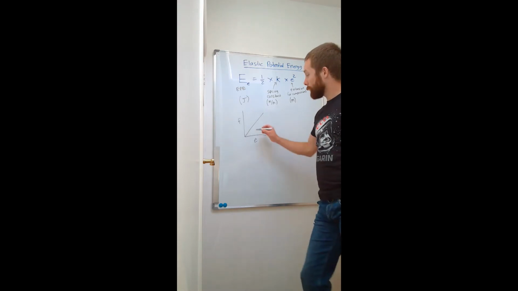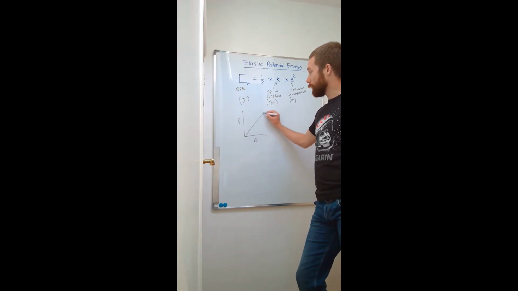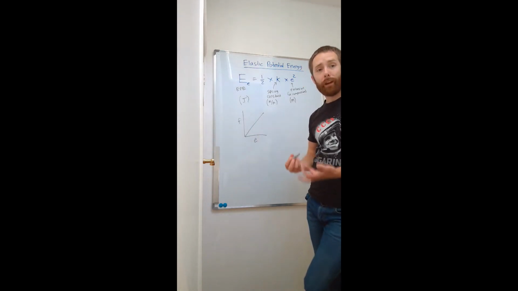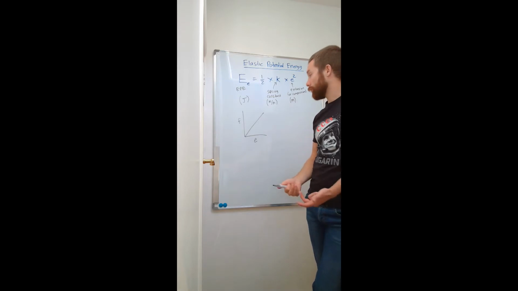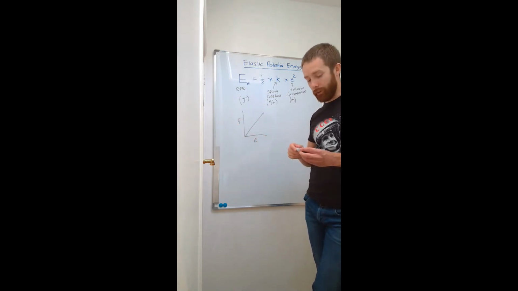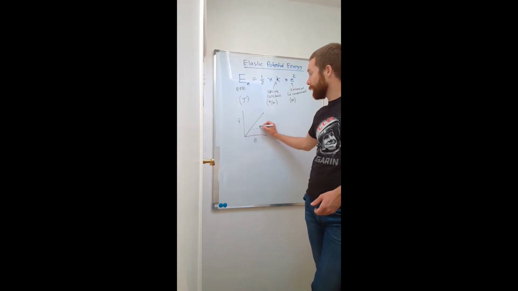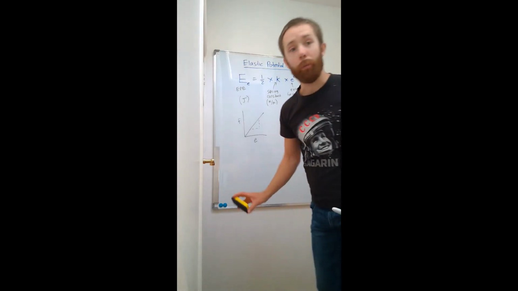If the spring, or the item that you're stretching, gives you a straight line on this graph here, certainly up to some point where it might do something different, then it obeys Hooke's law, and it means that this spring constant is actually constant. We're going to look at that another time though. If you wanted to find it, all you would have to do is find the gradient of this line here, but I'm going to come back to that a different day.